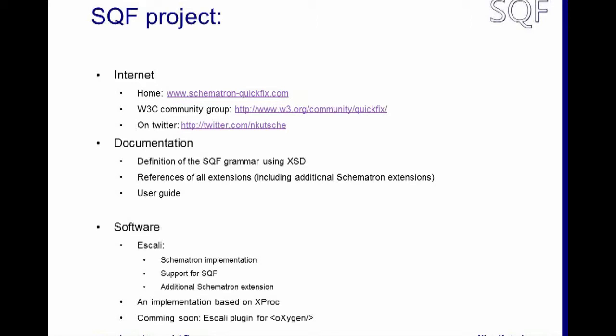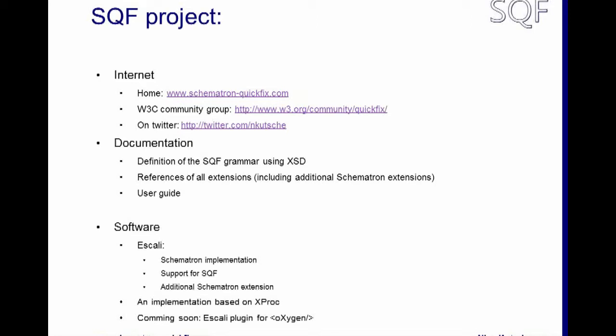A small implementation in XProc, but it's just to demonstrate that it is possible. It's a command line GUI, so you can pop up an HTML document and you have to copy the IDs of the quick fixes and put them into the command line. So it's not for practical use.